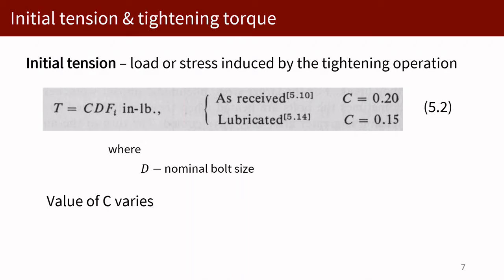But the values of C vary depending on conditions, as I said. There are also literatures and books where any value may be assumed for the torque coefficient, ranging from 0.1 to 0.2.